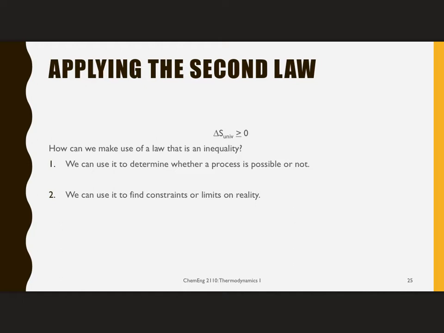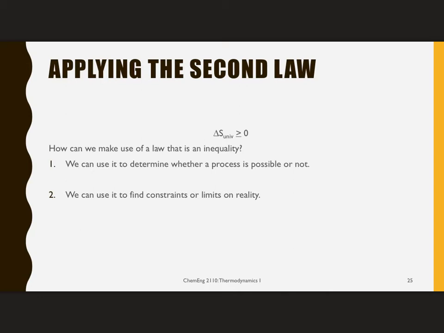So how can we use this to do something practical? Well, this does a couple of things for us. One is that it allows us to determine whether or not something's possible. It is not at all uncommon for people to try to invent something that isn't possible in the first place, and then they wonder why they can't get it to work.